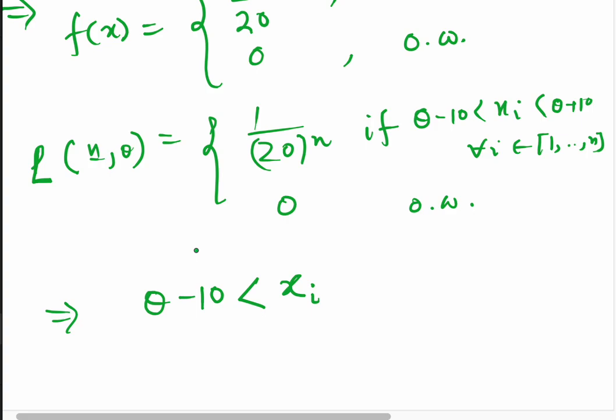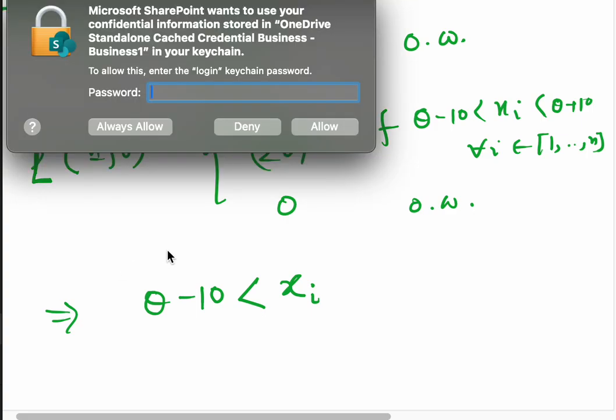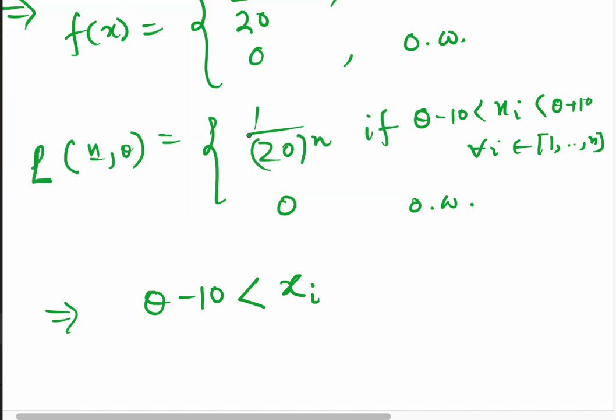Since I know the random sample, that means we know x1, x2, x3, xn, and we don't know theta, and we know that theta minus 10 should be less than xi for all i.